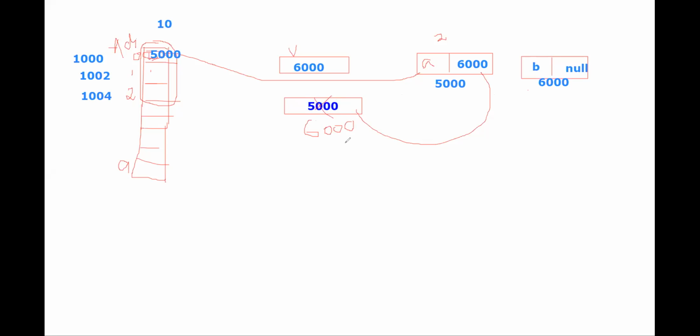Now it is pointing to this one, and also this is pointing to this one, so we have to remove it. Now for vertex 0, we have two adjacent nodes, A and B. These are the two adjacent nodes of vertex 0.